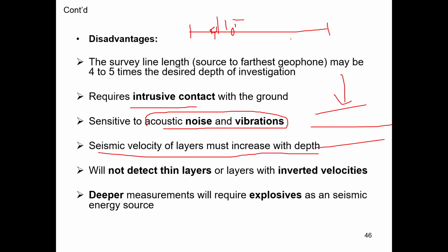Say we have a soft layer here and a harder layer; the velocity is 1000, then we have 500, and then another 1000, say 1500.